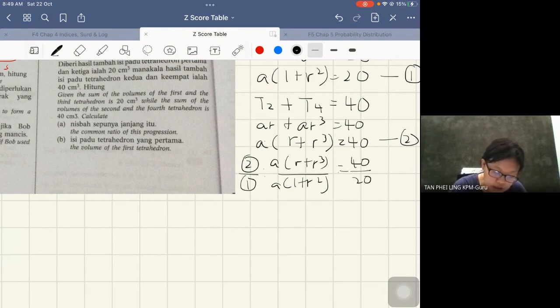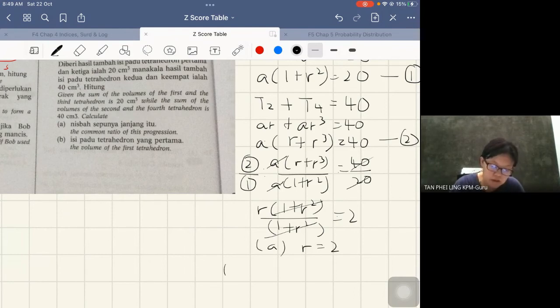Okay, so A and A cancel off. Actually my R can be taken off, so that my 1 plus R squared also can be cancelled. Do you see that? So this one and this one, I get 2. So this one and this one cancel off, so my R equals 2. With that, I found my R.